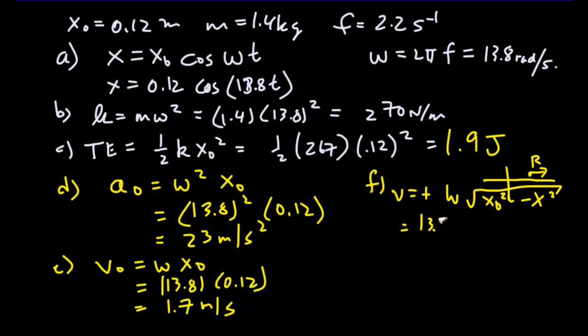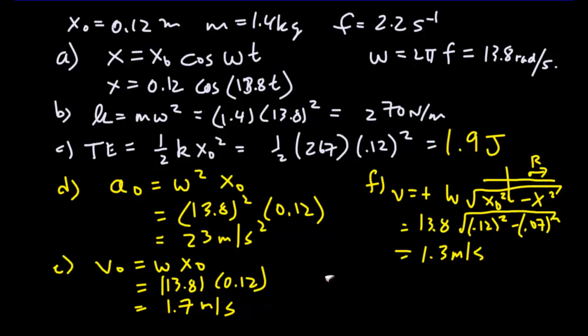And that's 13.8 times the square root of 0.12 all squared minus 0.07 all squared. And that should come out to a speed of 1.3 meters per second.